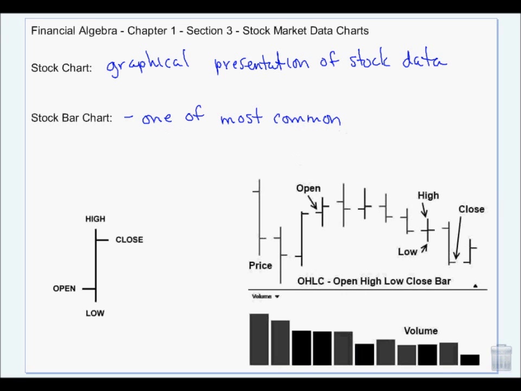Now it can either look like this where it's a straight line, or sometimes it would be a rectangle with a little tail sticking up at the top, a little tail sticking down at the bottom, and parts sticking out of the side.